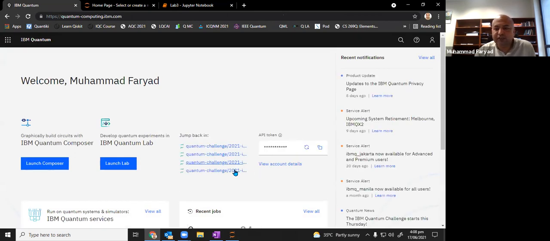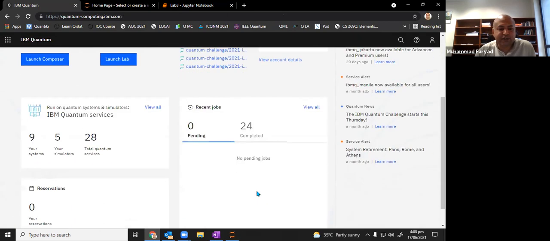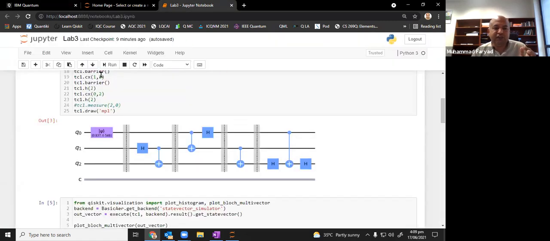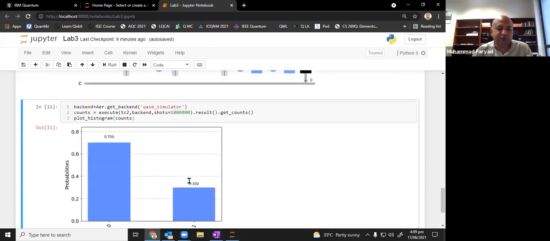So you need to get this profile made and activated, and then in the next class I will show how you can link the Jupyter notebook on your personal laptop to the quantum computer in the cloud, in IBM's facility. After that, you will run the circuit over here, but the circuit will go to their facility, and after running, the result will come back and be displayed here on your own computer, just like here.